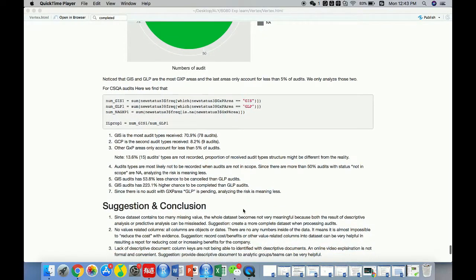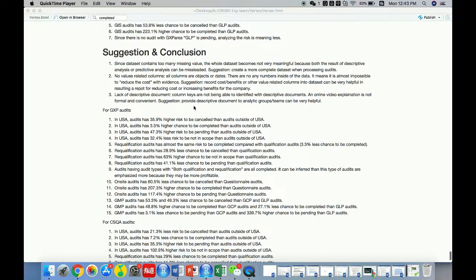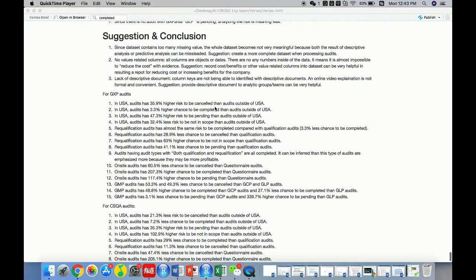So in conclusion, finally, the data contains many missing values. First, for further data recording, I suggest the company record data more completely and not have so many missing values, because analyzing missing values is meaningless, as I said before. Second, we lack value-related columns, like the revenue-related numbers.